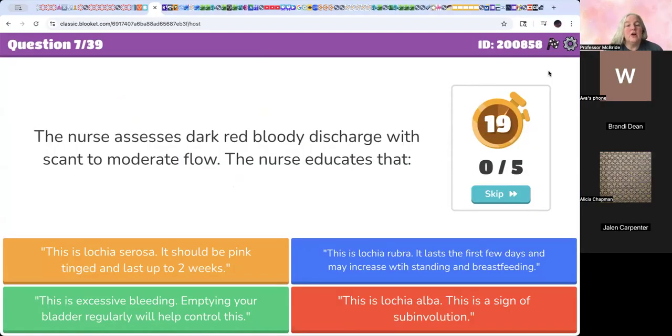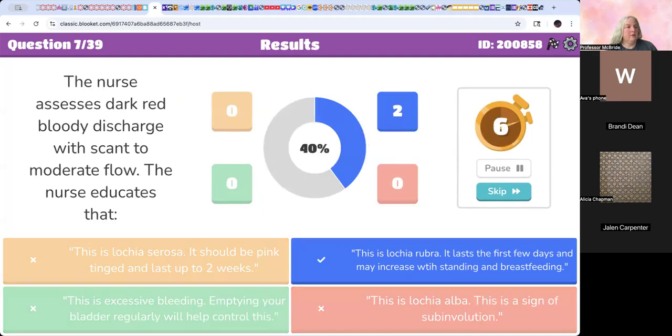A nurse assesses dark red bloody discharge with scant or moderate flow. The nurse educates that... All right, so if it's dark red and bloody, that's rubra.